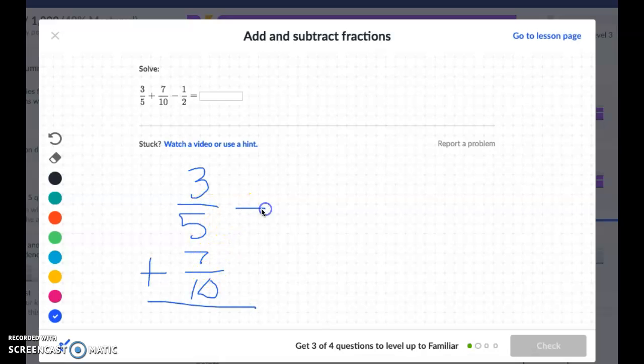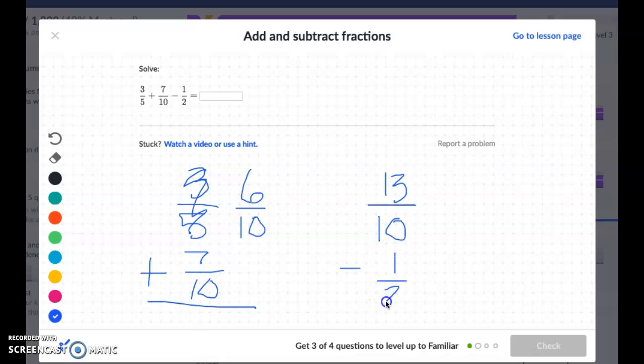I can change this denominator into a 10 because 5 times 2 is 10. So 3 times 2 is 6, and then I have 6/10 plus 7/10, which would be 13/10.